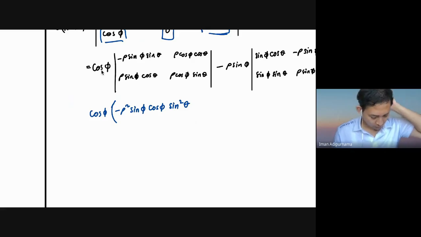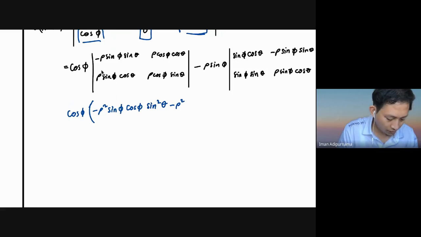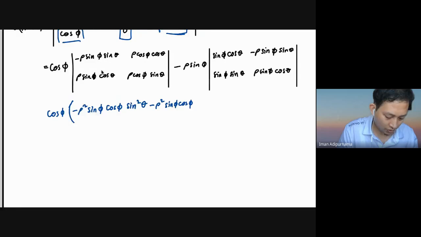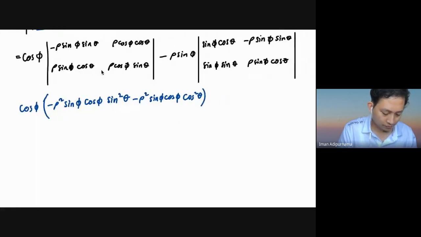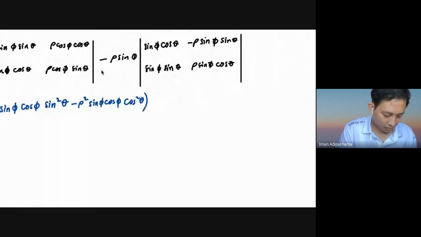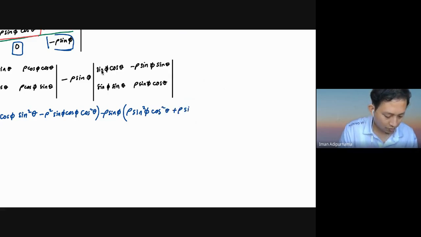Okay, the other one is minus rho squared sine psi cos psi cos squared theta. Okay, and then negative rho sine psi. Here is rho sine squared psi cos squared theta minus minus, so plus rho sine squared psi sine squared theta.